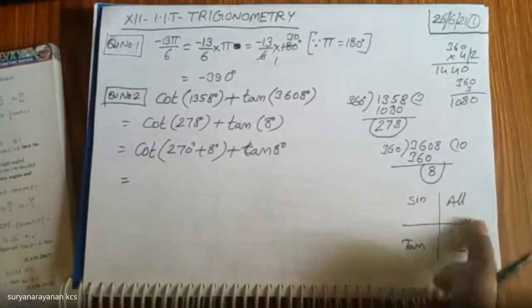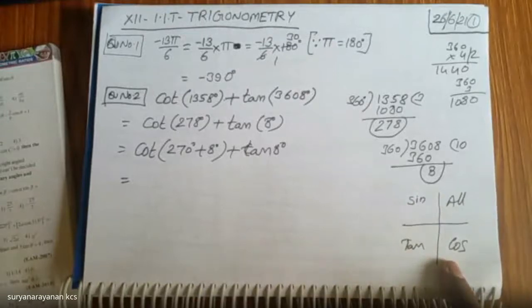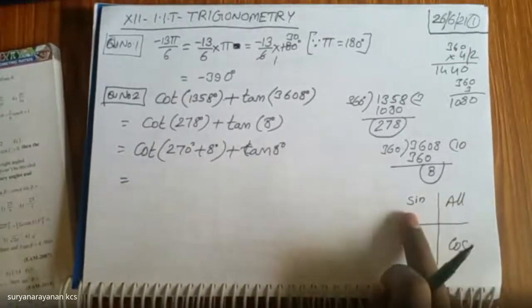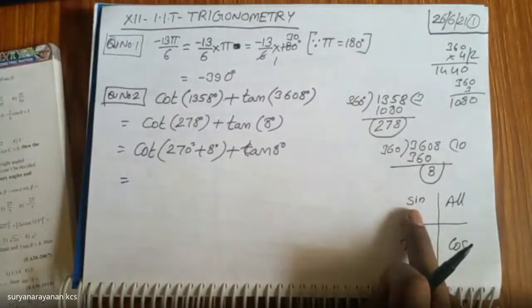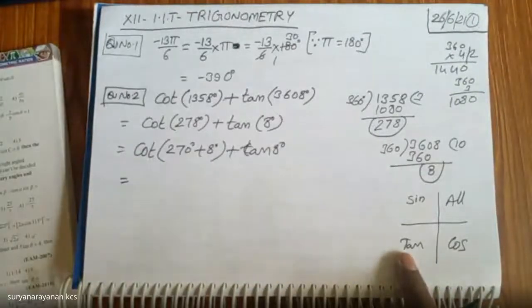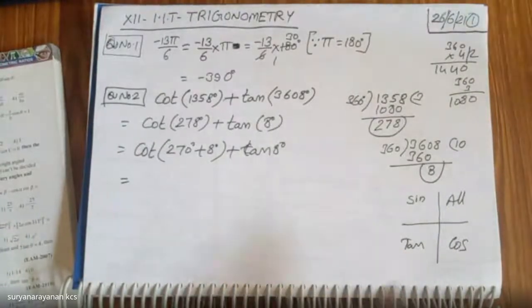Okay, you have to remember this figure. In the first quadrant, all trigonometric ratios are positive. In the second quadrant, sine and its reciprocal are positive, and the remaining four trigonometric ratios are negative. Now come to the third quadrant: tan and its reciprocal, cot, are positive, and the remaining four are negative.